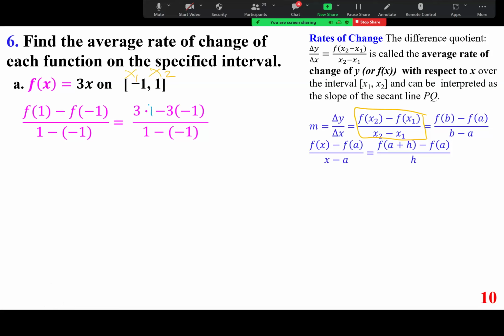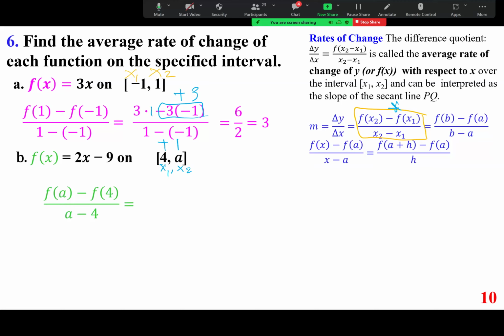Times 1. So we have 6 halves, or 3. f of x is 2x minus 9, which means again... we are going to use this one: f of a minus f of 4 over a minus 4.